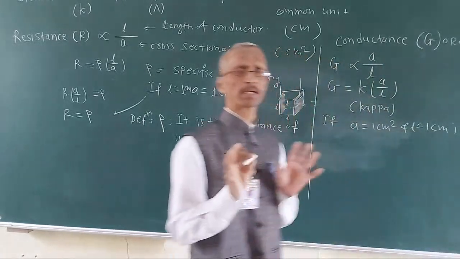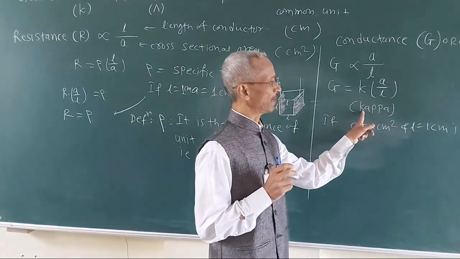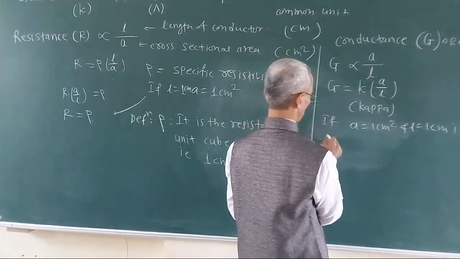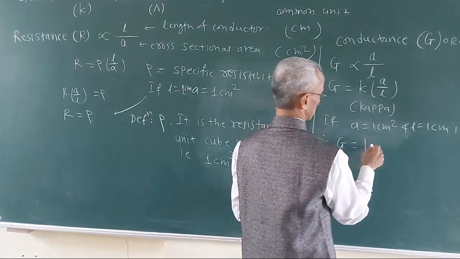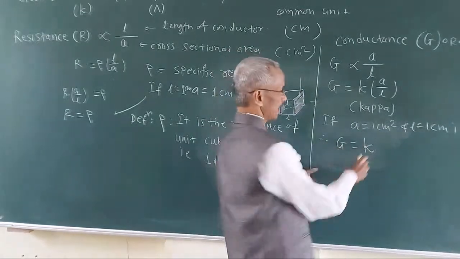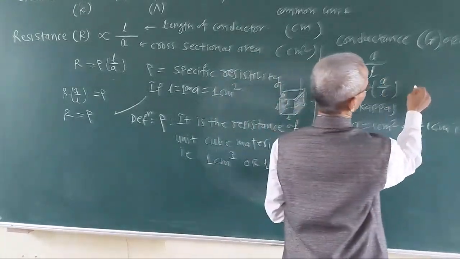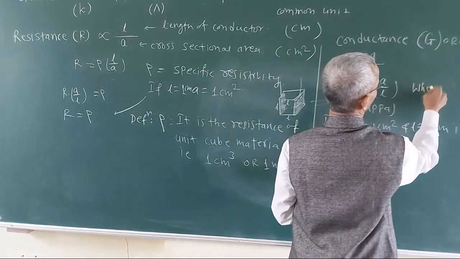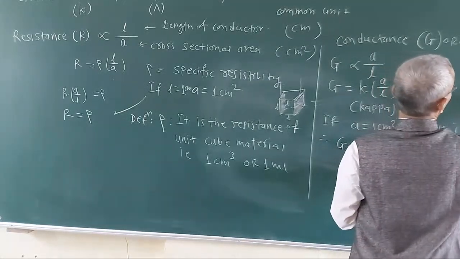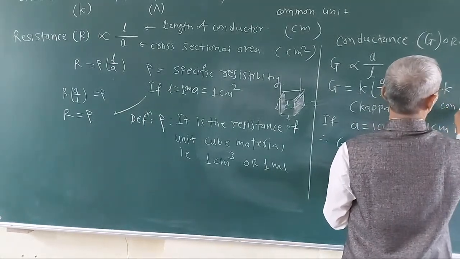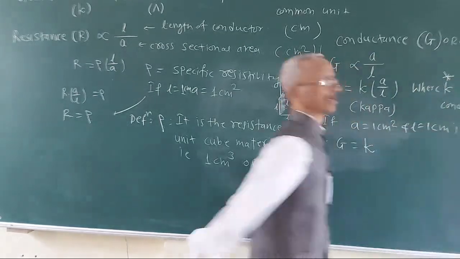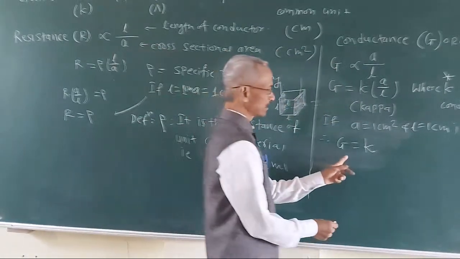So whatever material is in 1 ml or 1 centimeter cube, G is equal to kappa. So what is kappa? Kappa is specific conductivity. Very good. Specific conductivity can be defined as follows.